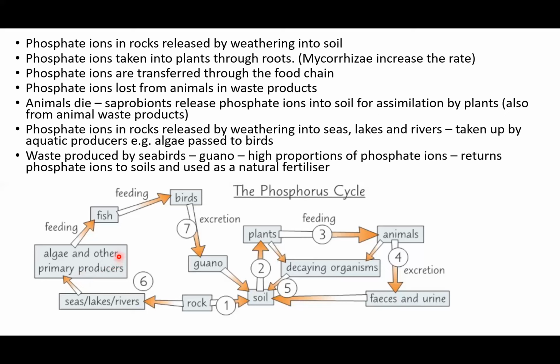These are then passed along the food chain through fish and then fish to birds. The waste produced by seabirds is known specifically as guano, and it contains a hugely high proportion of phosphate ions. Guano returns a significant amount of phosphate ions to soil, particularly in coastal areas, and it's often used as a natural fertilizer.